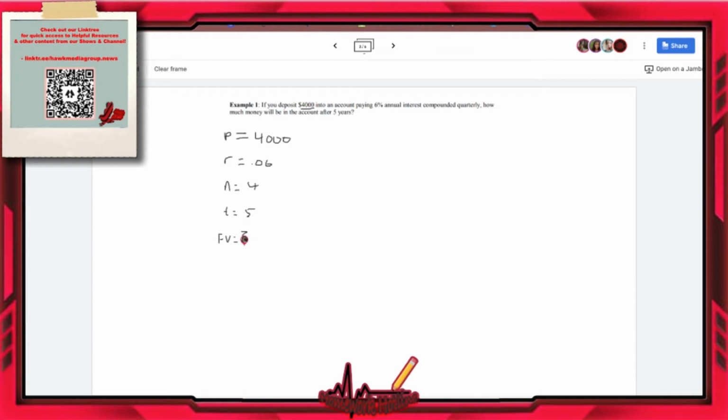So now we can set up the formula and plug in everything that we know. So we have FV, future value, equals 4,000. Inside the parentheses will be 1 plus 0.06 over N, which is 4, to the power of N times T, so 4 times 5.